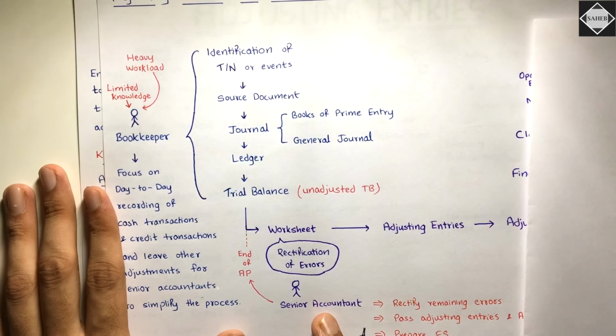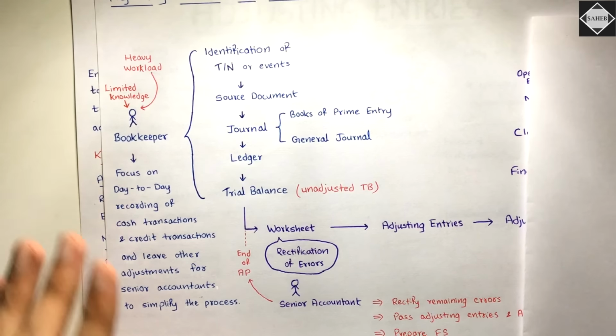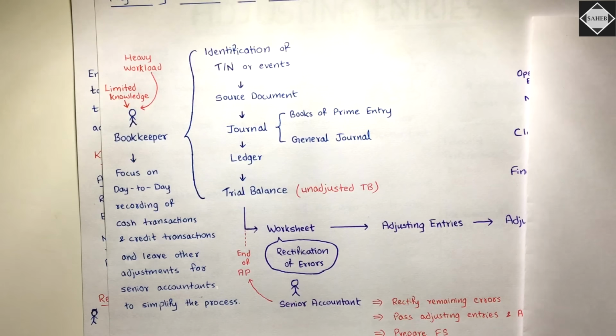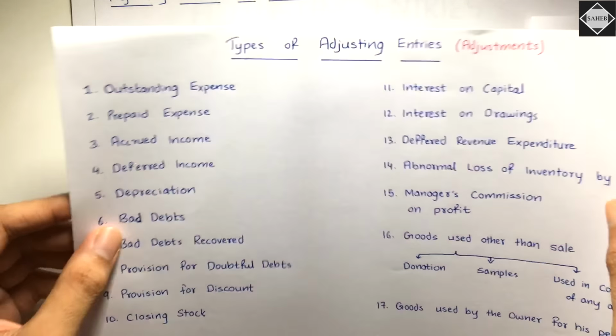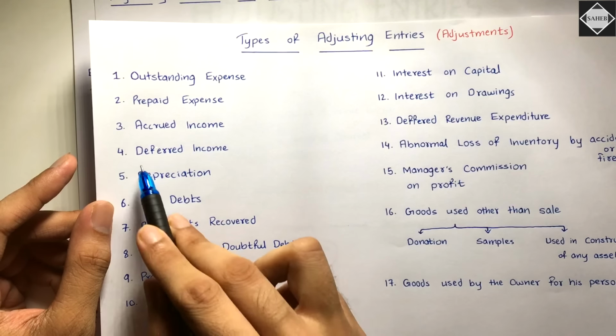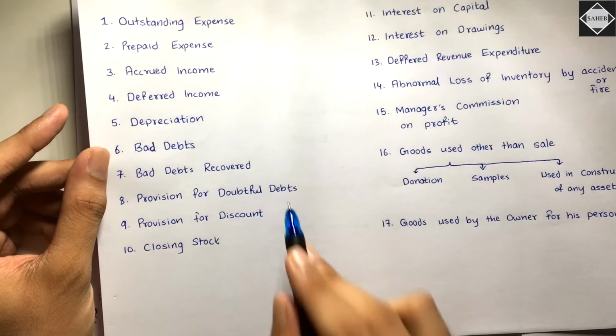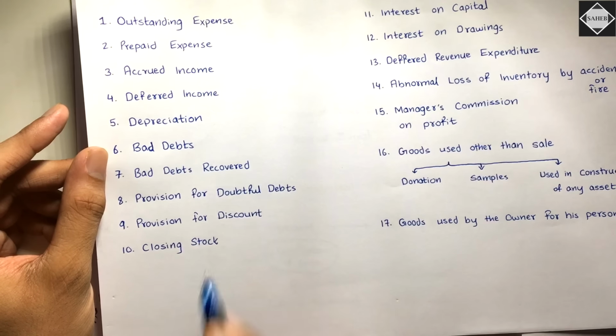The senior accountant will see lots of different types of adjustments are required. Let me show you the types of adjusting entries: outstanding expense, prepaid expense, accrued income, deferred income, depreciation, bad debts recovered, provision for doubtful debts, provision for discount, closing stock.